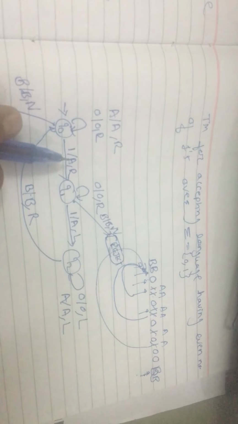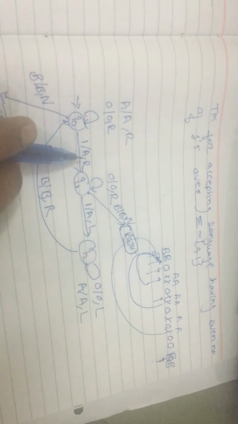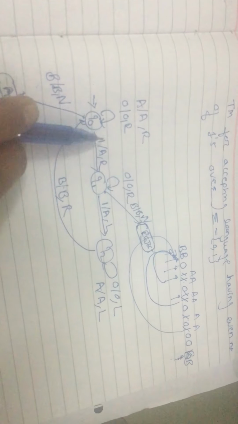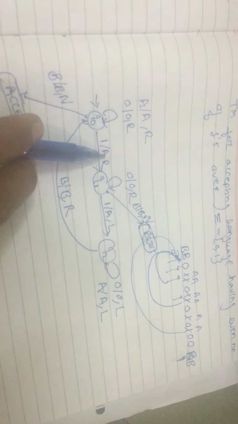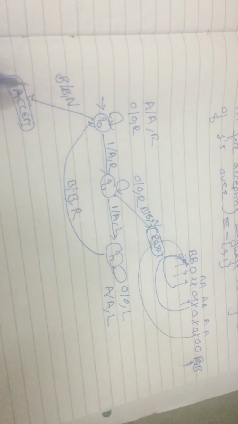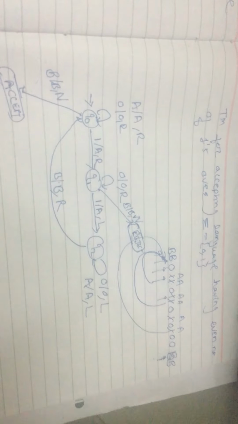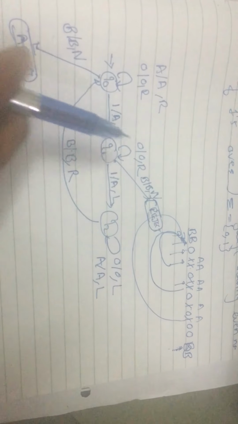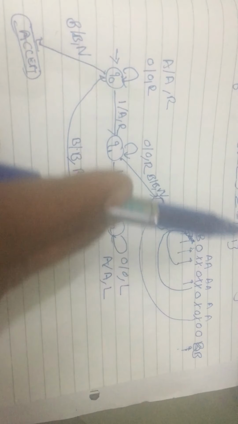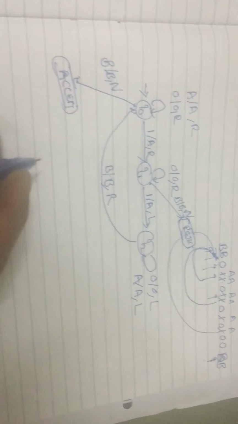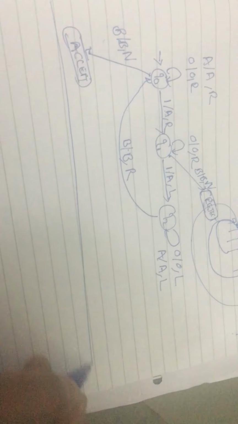If a 1 is left over, it has an odd number of ones. If this complete procedure goes on, and after converting all even number of ones into A it gets B, it will come to the accept state. So this is the transition diagram which checks whether the string has an even number of ones or not. Now see one more example.